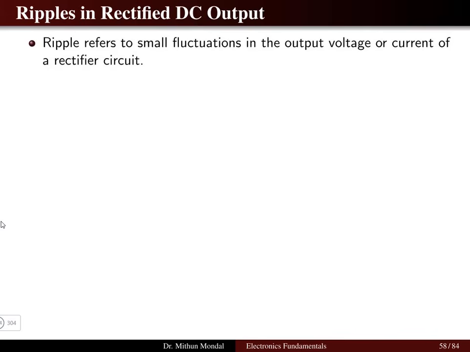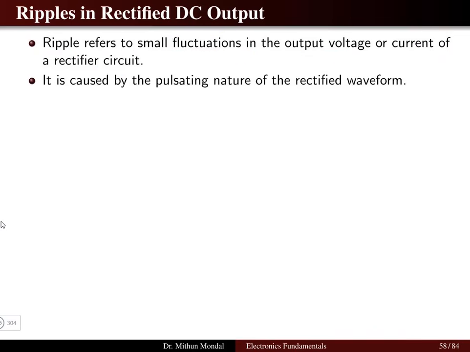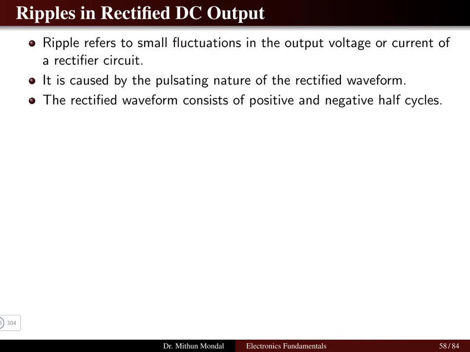What are ripples in rectified DC output? Ripples refer to the small fluctuations in the output voltage or current of a rectified circuit. Whatever fluctuations we are getting in the voltage and current from the rectification are known as ripples. It is caused by the pulsating nature of the rectified waveform. The rectified waveform is pulsating in nature, and consists of the positive and negative half cycle.